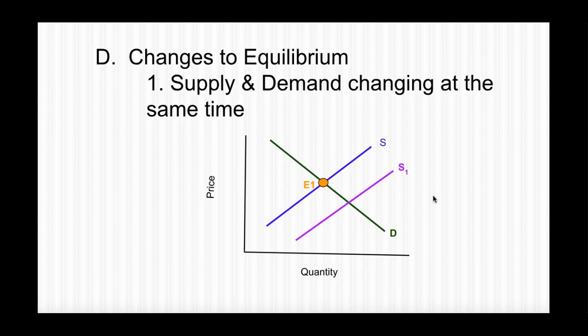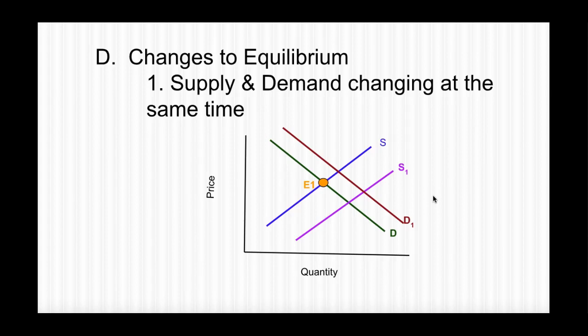Any of those will cause a right shift in supply. And at the same time, the demand curve shifts to the right. So maybe this is because income has increased. Maybe people just like the product better. Maybe the price of a substitute is going up, or the price of a complement is going down. Maybe there are just more consumers in the area, or consumers are expecting a higher price in the future. Either way, a right shift in demand.